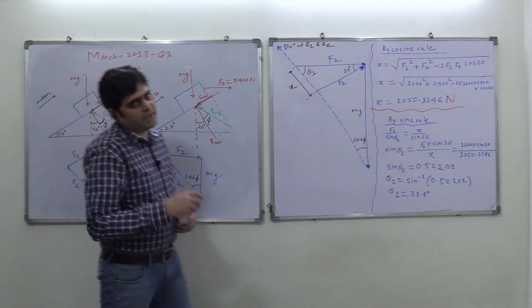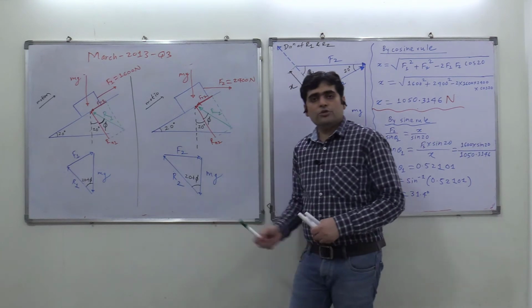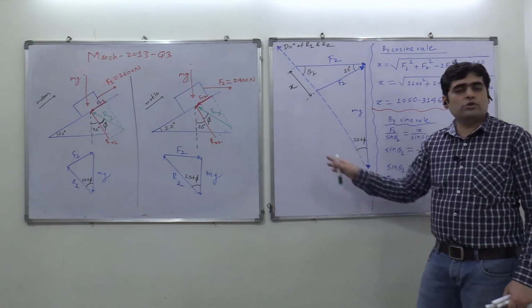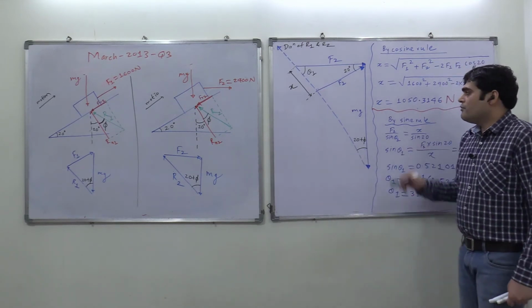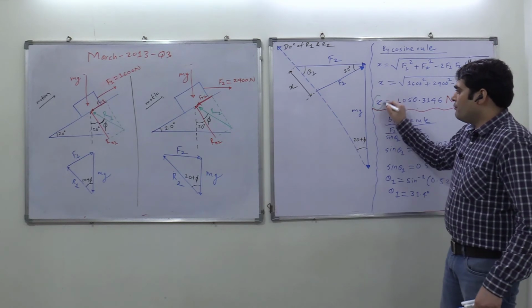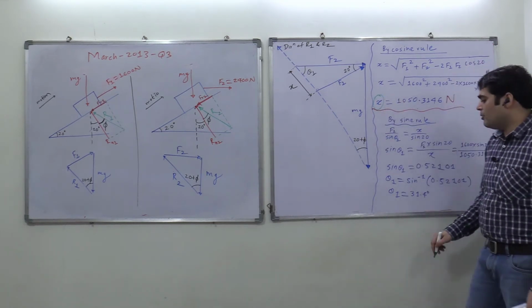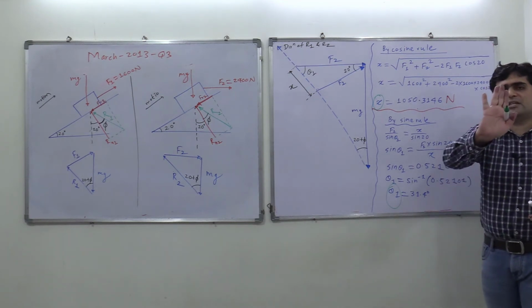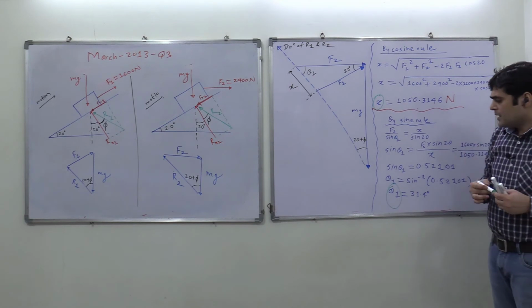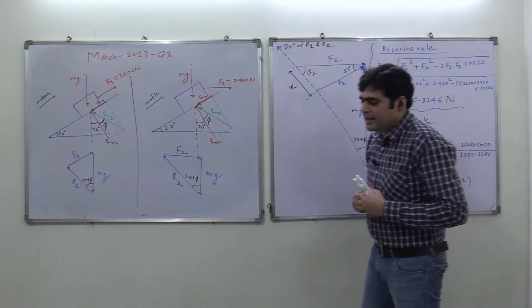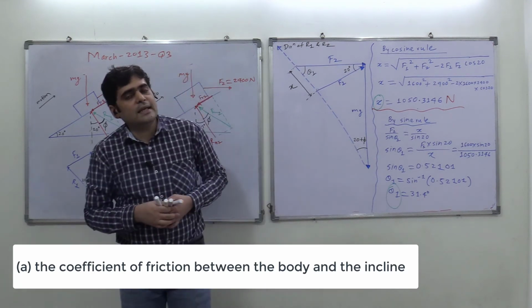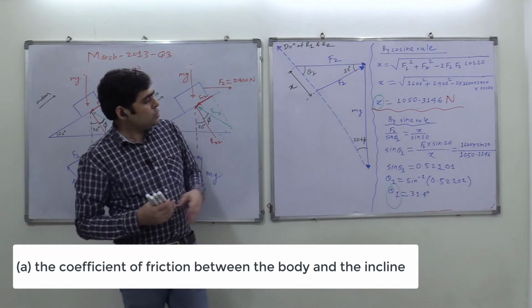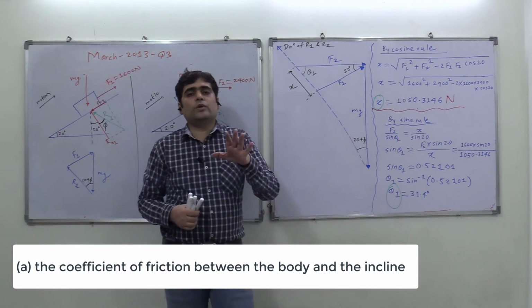So we merged both drawings and drew a combined force vector diagram. From this combined force vector diagram, we calculated x. With the help of x, we got theta 1. We are nearer to the answer, guys. Don't worry, just have patience for 5 to 10 minutes. From theta 1, what are they asking in part A? Coefficient of friction, mu. So by using theta 1, we are going to calculate mu.